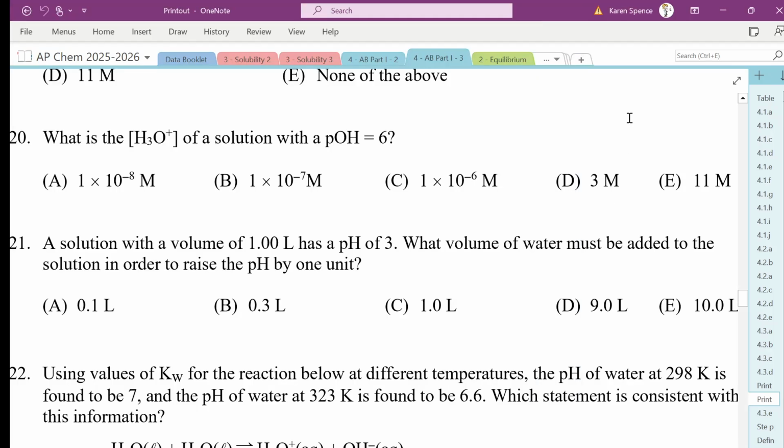What volume of water must be added in order to raise the pH by 1 unit? So we want to go from pH 3, which correlates to a hydrogen ion concentration of 1 times 10 to the negative 3, and raise the pH by 1 unit, to a pH of 4.